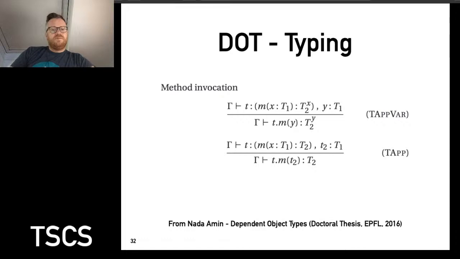Good. And then you have application rules. Application rules here are method invocation. And as you can see, they just bind the parameters together. This is nothing really fancy. This is just binding them together and saying, okay, now T contains this method.